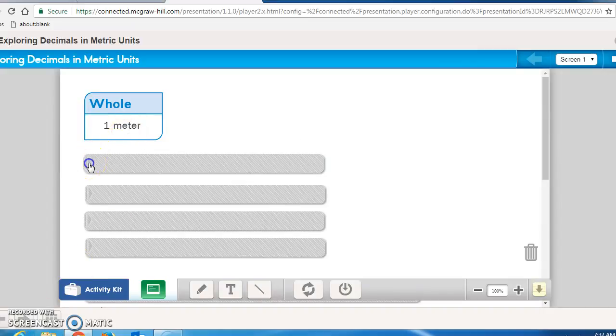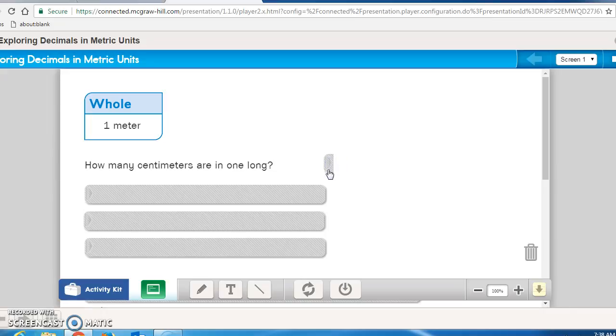So 1 whole meter. How many centimeters are in 1 whole meter? Well, if you don't know, it might benefit you to go over to the meter stick and pause the recording now to get a meter stick so you can answer these questions. So a meter stick is 100 centimeters long.